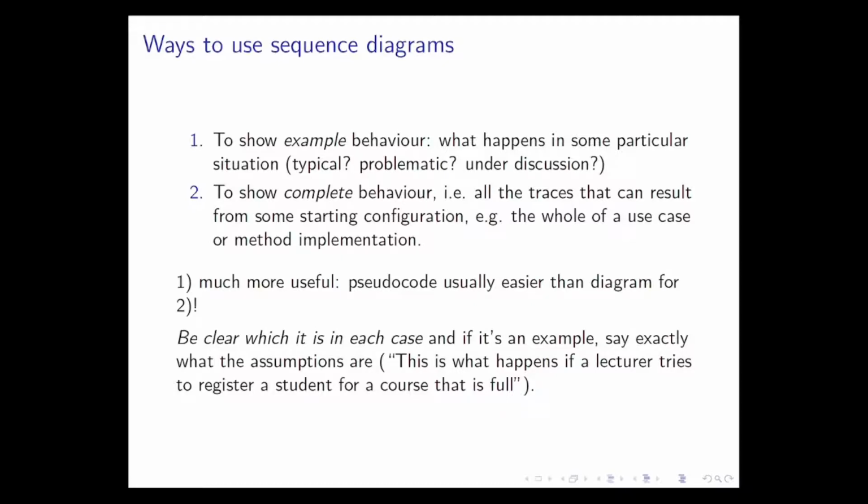You're going to want to say, supposing we've got these objects in this particular kind of state, and we want to carry out this particular instance of this use case, a particular scenario from this use case. You're not attempting to show complete behaviour of the objects at this point, you're just trying to illustrate a particular example of the behaviour.